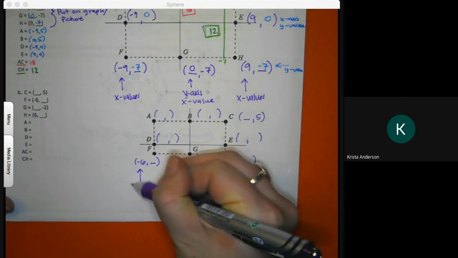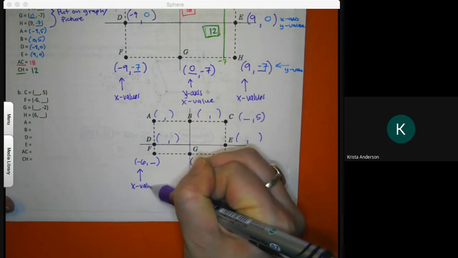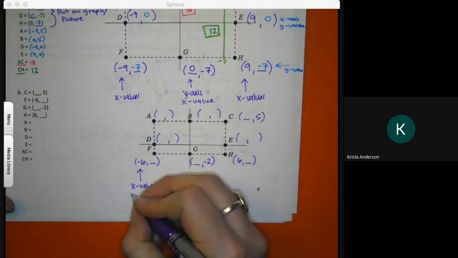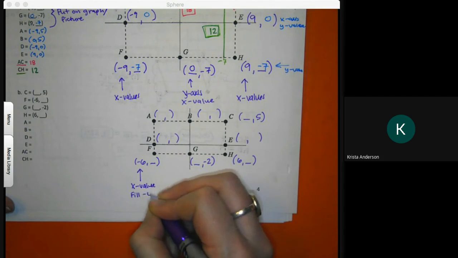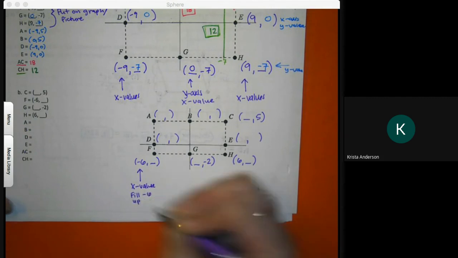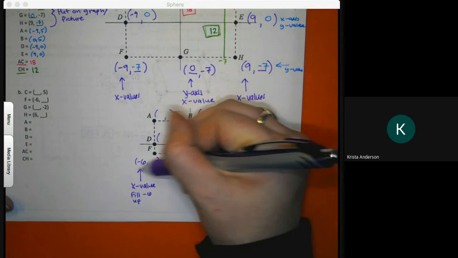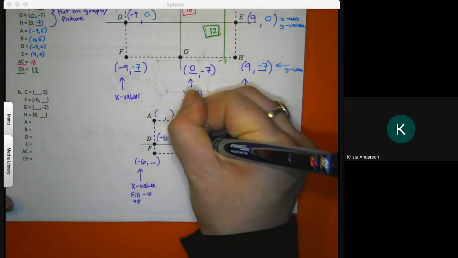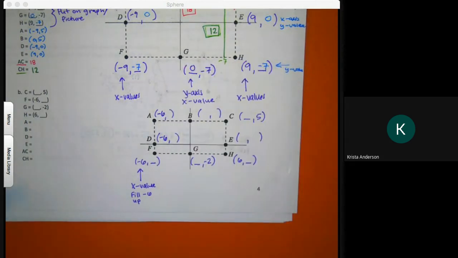I look at the X value and I fill in -6. So if -6 is here, -6, -6.